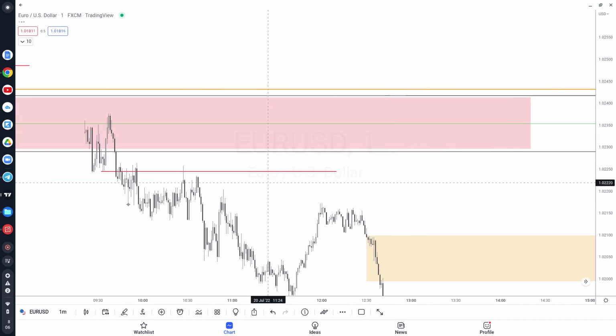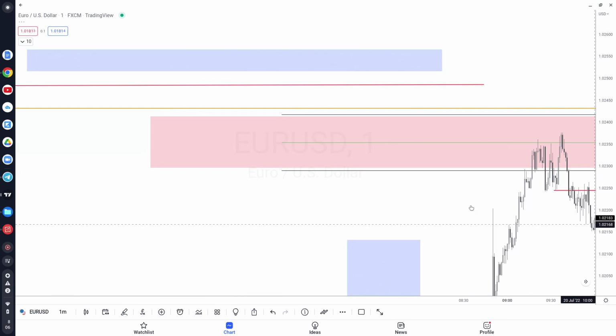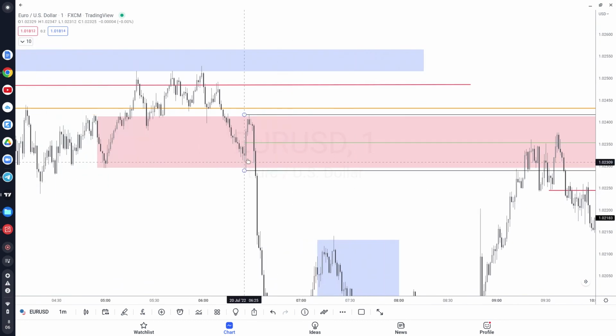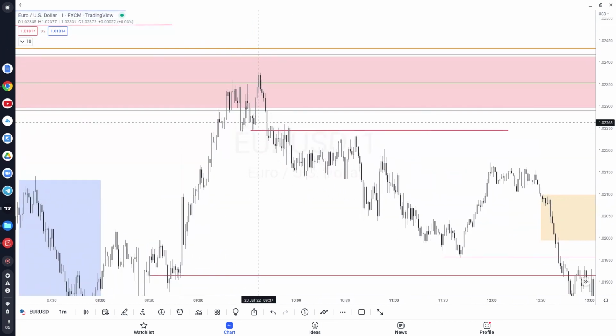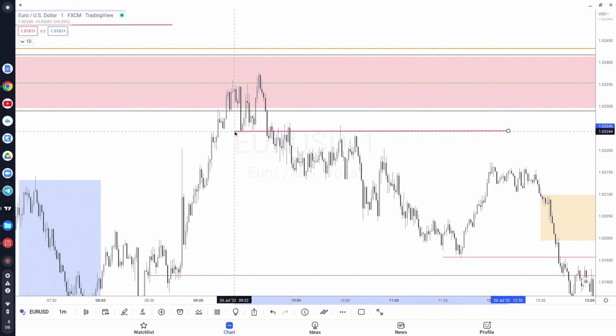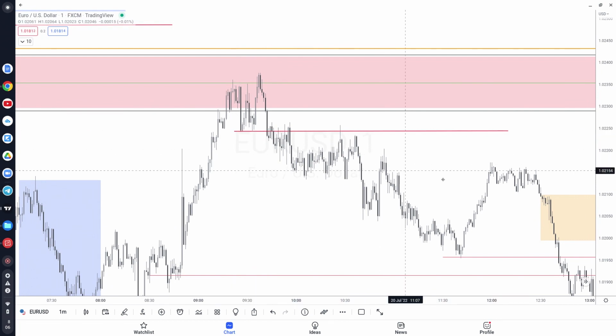Just 1 minute chart. Alright, series of up close candles, down move, fair value gap inside. So that is a true OB. This would be our breaker. So price is interacting with that breaker, as a sell-off.